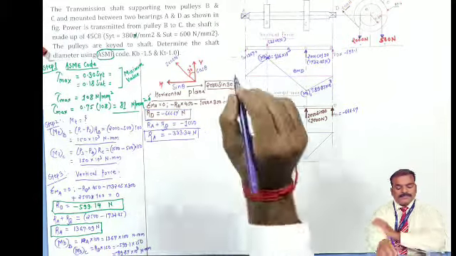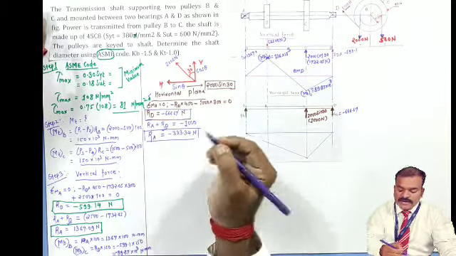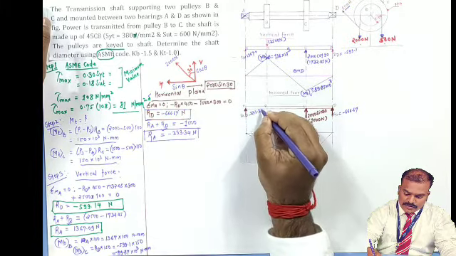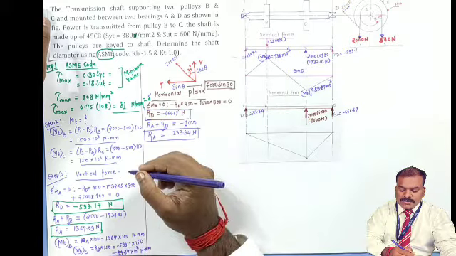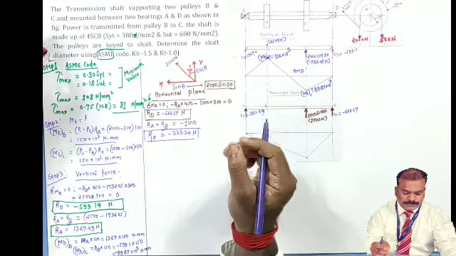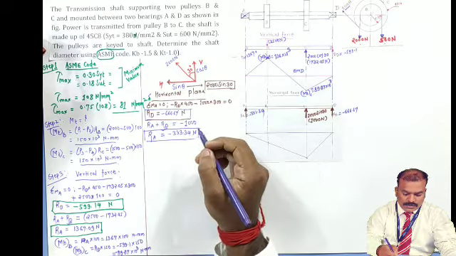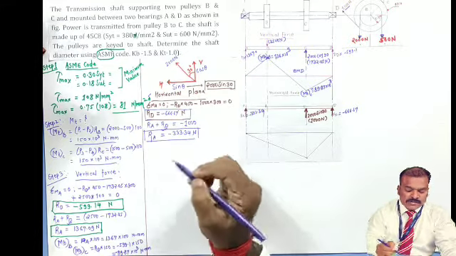So this will be the force for reaction at A, which is equal to minus 333.34, correct? So this is at reaction A. Okay, so this will be the reaction force.